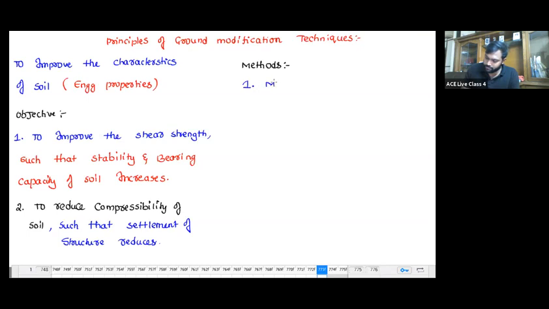Number one, soil stabilization. Number two, grouting technique. Number three, reinforcement.